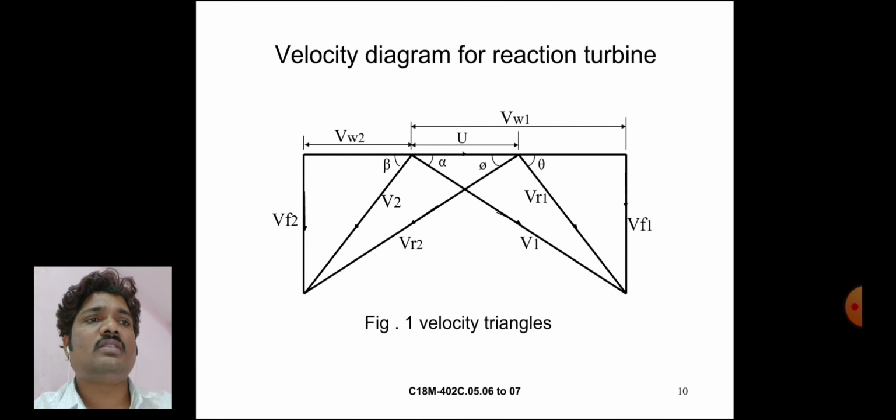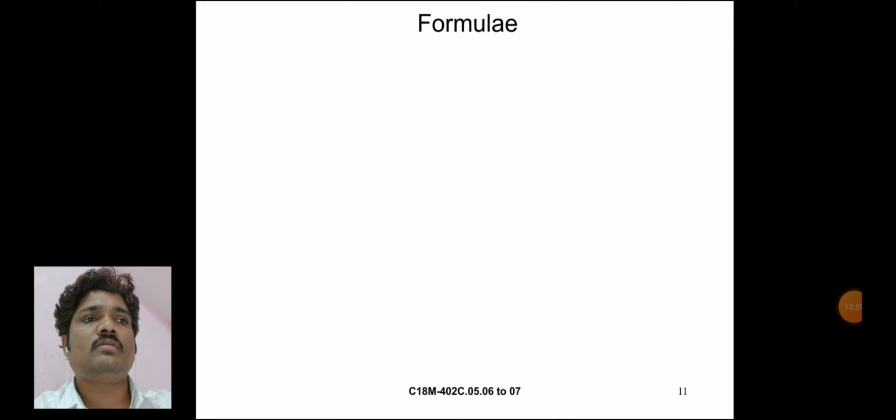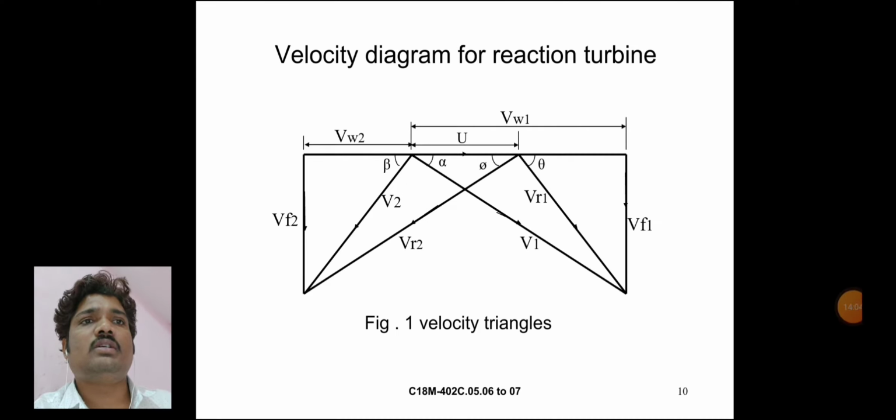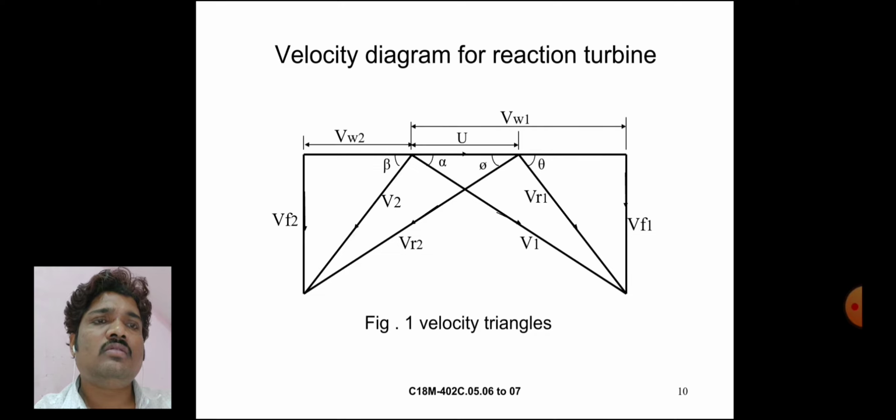In this figure, the velocity diagram for reaction turbines, these are the velocity triangles.